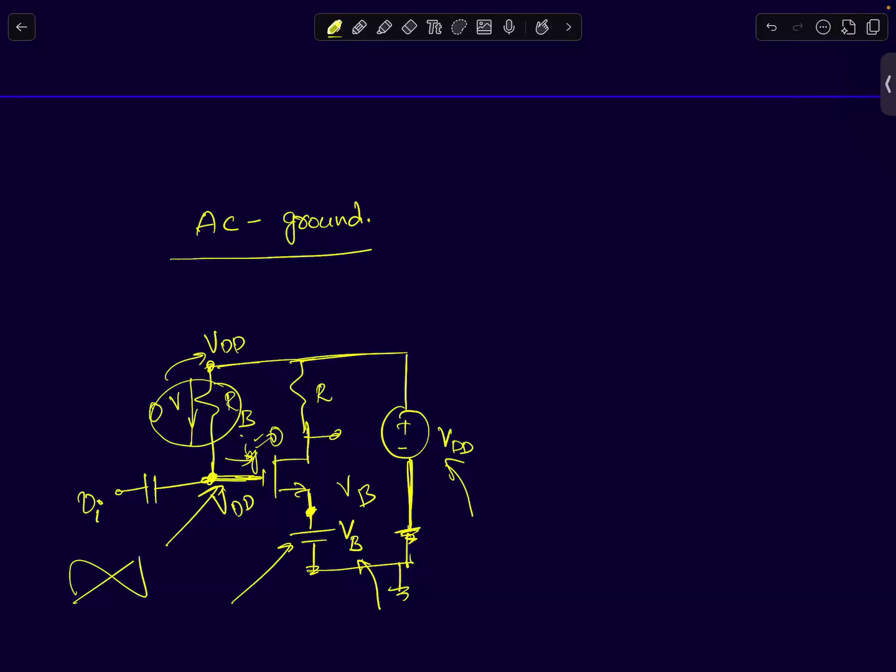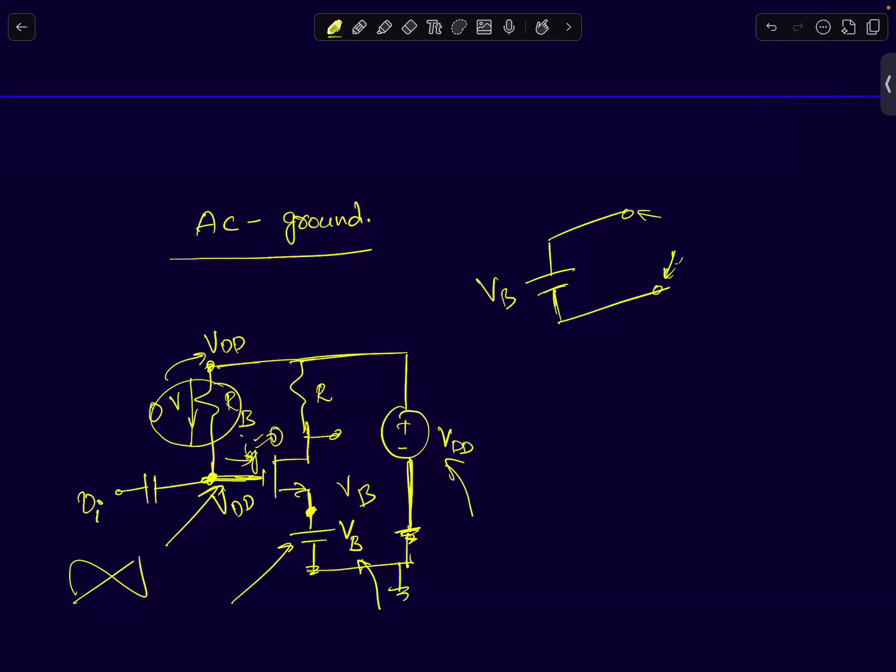Now, what is the definition of a voltage source? An ideal voltage source is one that will always maintain the voltage across its two terminals to be constant. This is an independent voltage source.